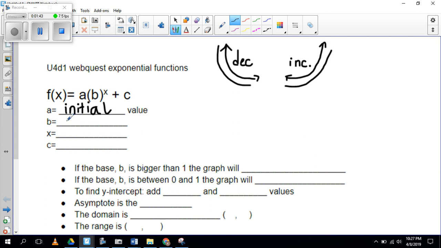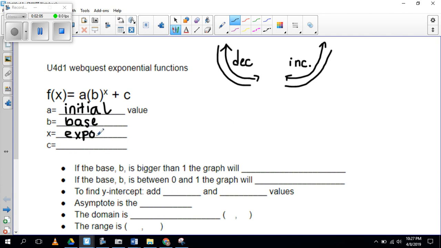Okay? So B is our base. B stands for base, so that makes sense, right? B, base. X, obviously, is up here. It's your exponent. That's what makes it exponential.